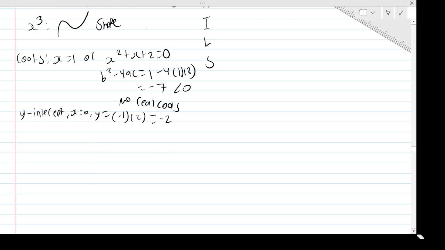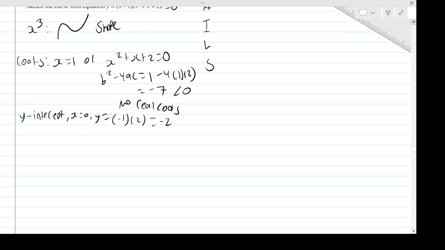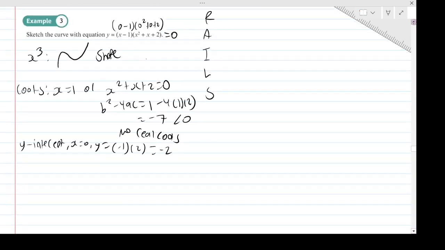Obviously, we've got some key ingredients already. We know what the roots are. We know that x is 1. So roots, x is equal to 1. We know the y-intercept, that is what y is equal to minus 2. We also, well, we know there's no asymptotes, right? It's a cubic. There's no asymptotes.